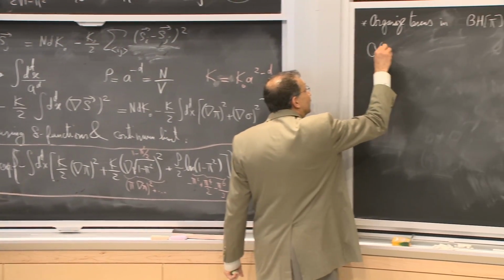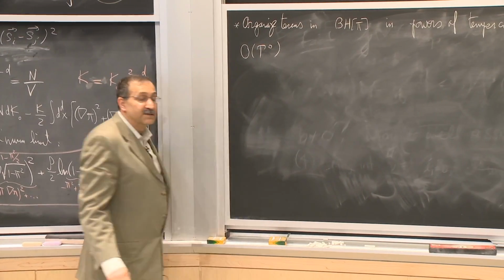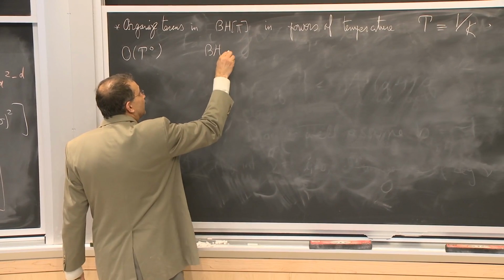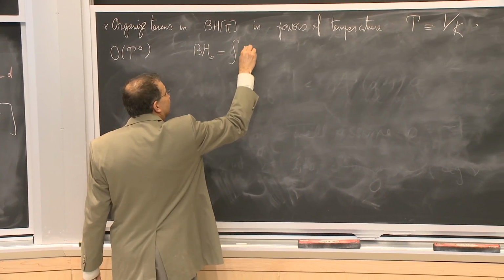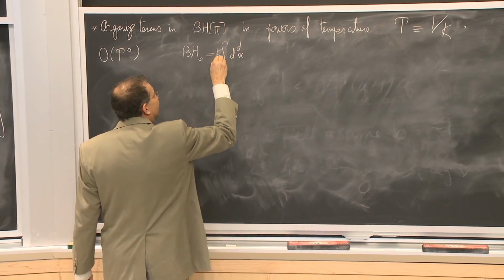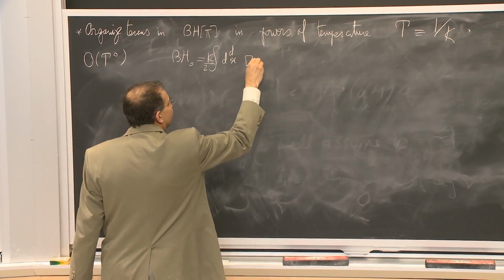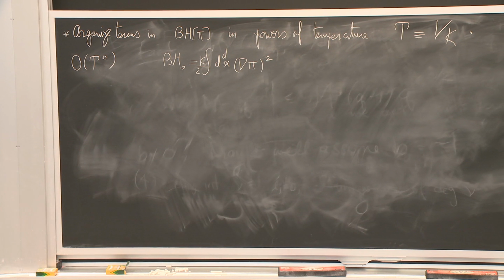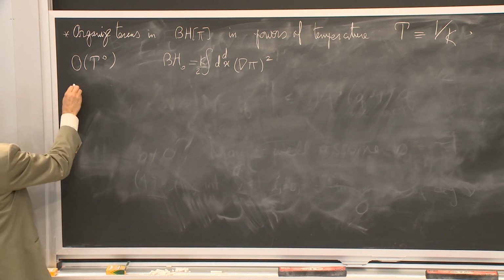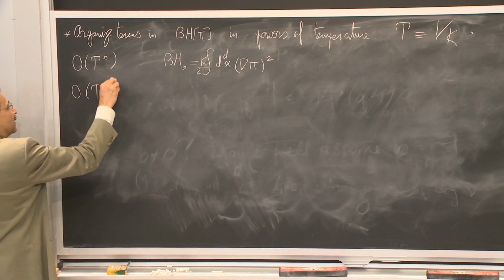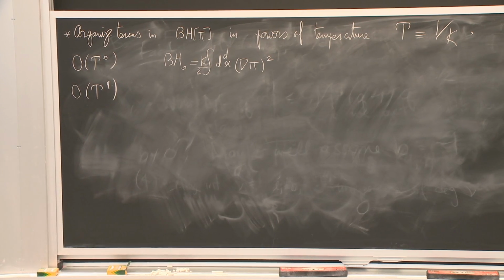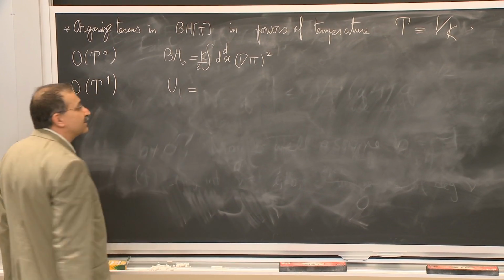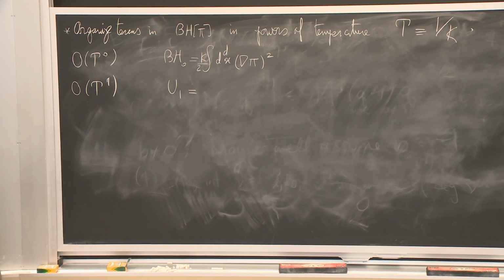So basically, at order T to the 0, I have as my beta H0 just the integral d^dx K over 2 gradient of pi squared. While at order T to the 1st power, I will have a correction which has two types of terms.